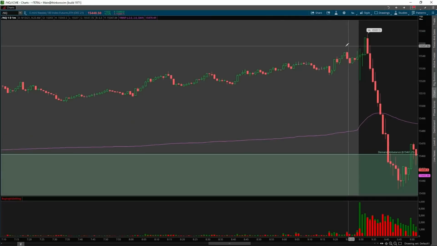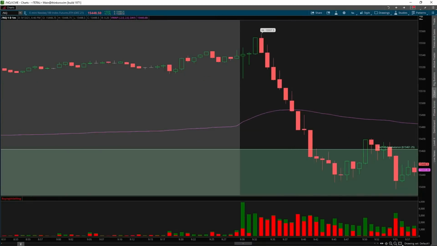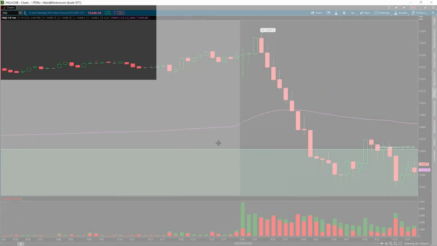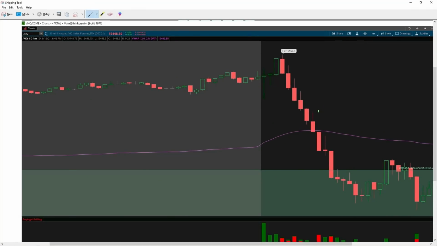So just going back to NQ, aggressive sell-off. Now, the way I look at this is if I'm buying puts, let me take a screenshot of this so it's easier to see. Let's say I'm buying puts when the market is here. I'm short, long puts.